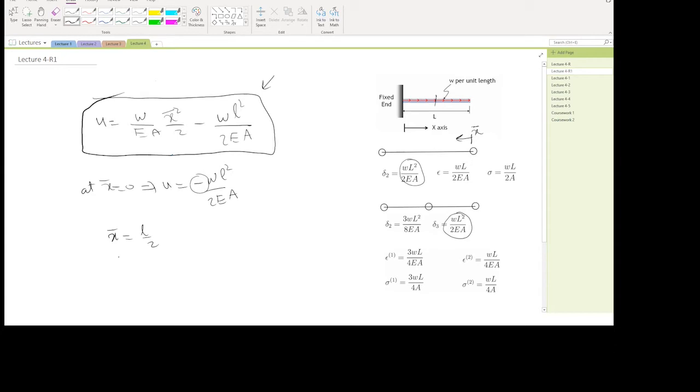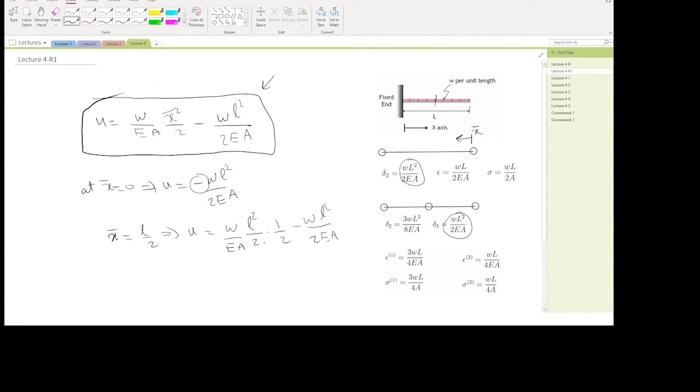Now, if you look into x bar equal to L over 2, so this will give you u is equal to, this is just substituted by L over 2. So it is going to be W L squared over 2 multiplied with half, and then you have EA minus WL squared over 2EA.